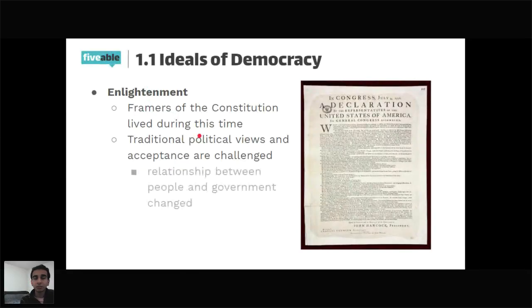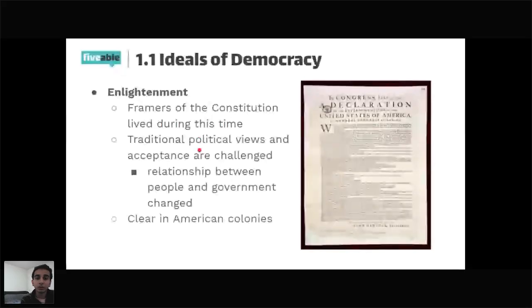The Enlightenment forced people to think about not using religion as a basis for everything, and really digging deeper into why we believe the way we do, and why you can't just trust someone's word if they claim a God's mandate kind of thing, and you shouldn't trust that. So the Enlightenment really changed our way of thinking, and it changed the relationship between people and government.